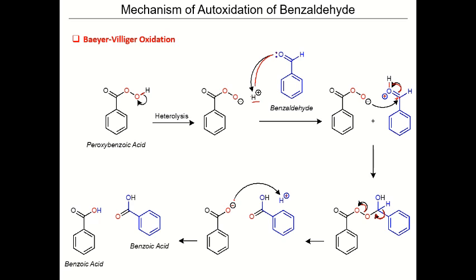Consequently, this anion is going to attack the proton, these two electrons, and build the two molecules of benzoic acid, as you can see here. This is the mechanism by which benzaldehyde oxidizes to benzoic acid, right?